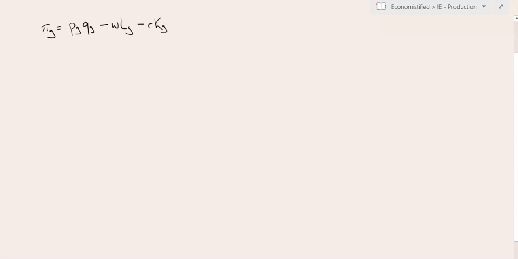The production function, so the quantity that the firm produces, is going to be given by this Cobb-Douglas production function. That looks like this. So let me substitute that in here.